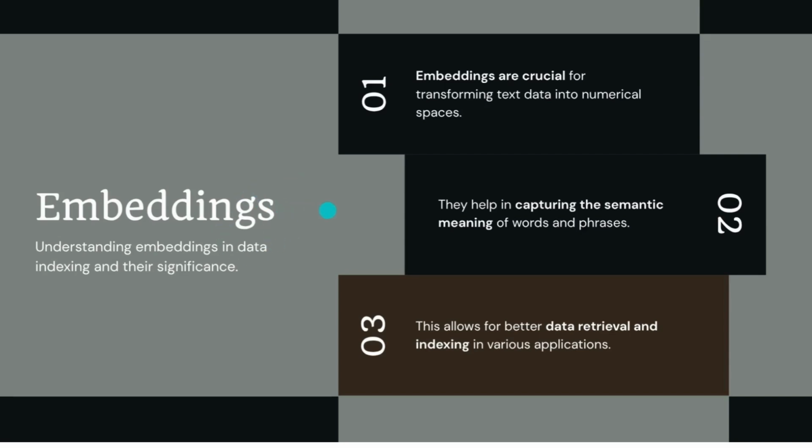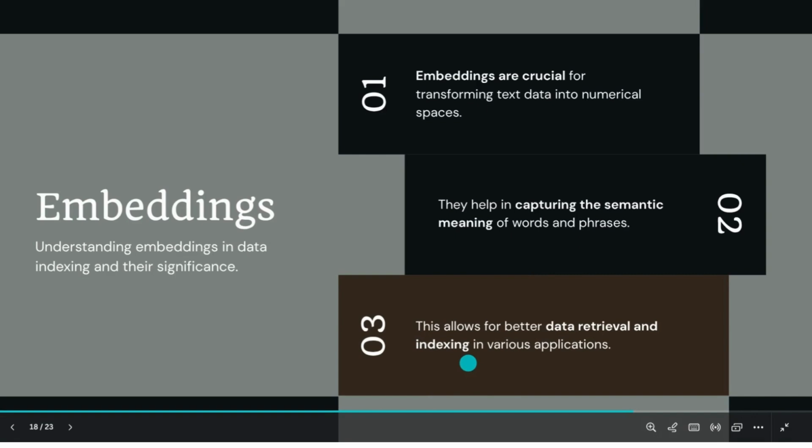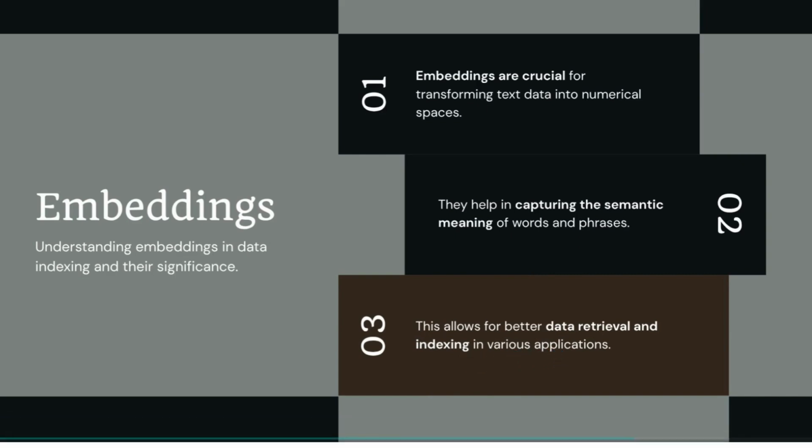So what are vector embeddings? Vector embeddings are crucial for transforming text data into numerical spaces. They help in capturing the semantic meanings of words and phrases. This allows for better data retrieval and indexing in various applications.